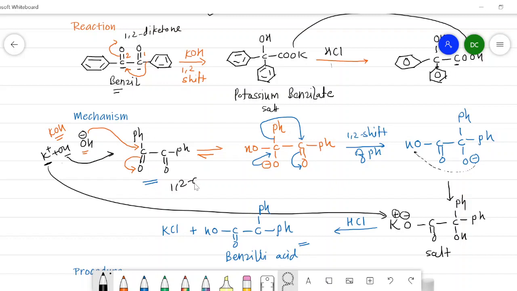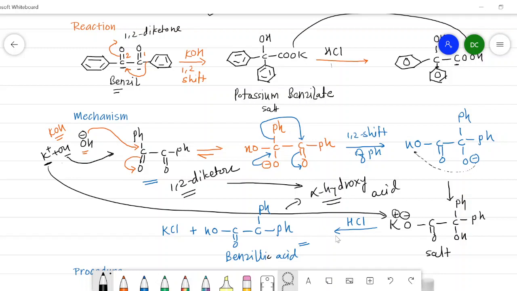It is a 1,2-diketone, whereas benzilic acid is an alpha hydroxy acid. So in the benzilic acid preparation, we get the conversion of a 1,2-diketone into an alpha hydroxy acid, which is the famous rearrangement, called the benzil-benzilic acid rearrangement.